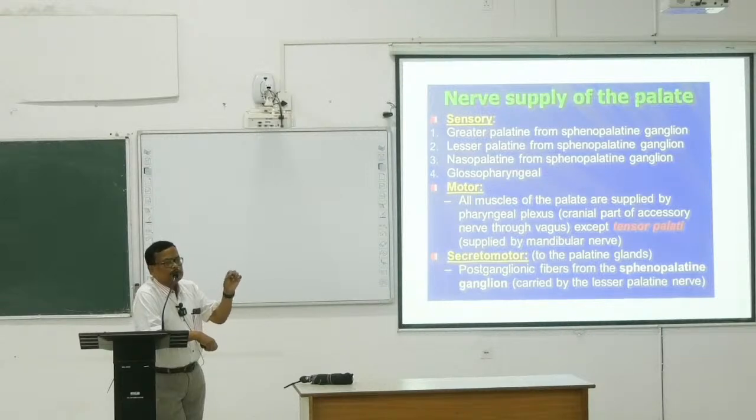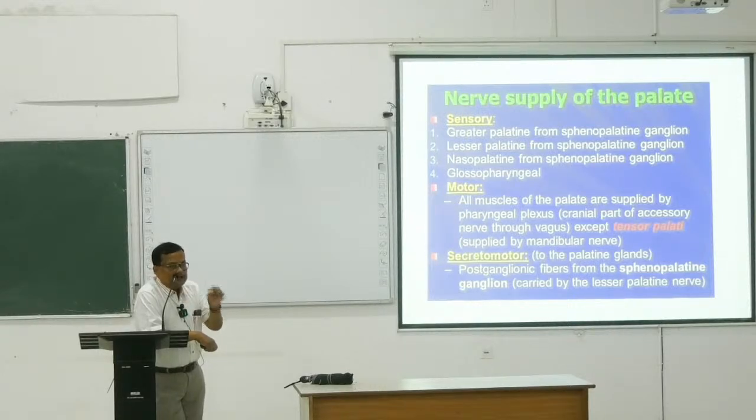The trunk of the mandibular nerve gives a branch known as the nerve to the medial pterygoid. This nerve is a branch of the mandibular nerve, which is a branch of the trigeminal nerve, and mainly supplies the medial pterygoid muscle, which moves the jaw.